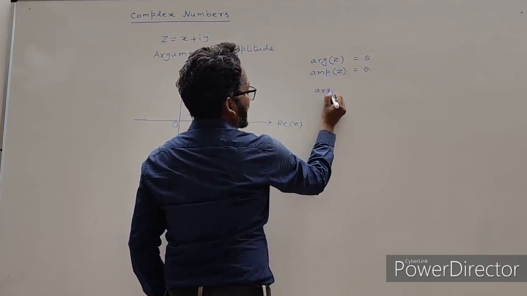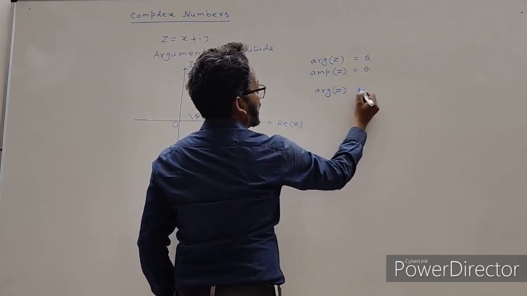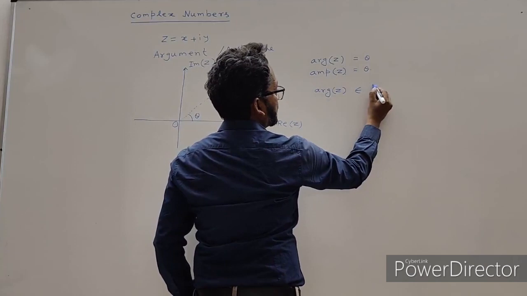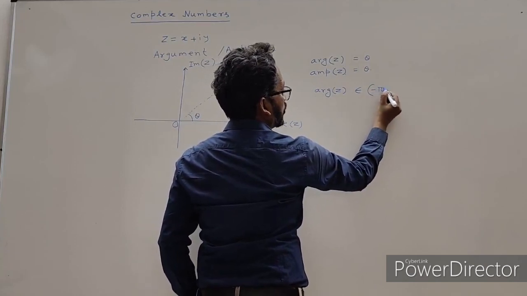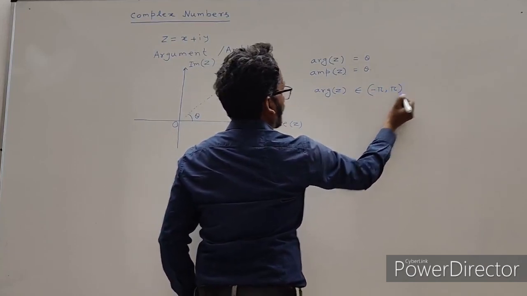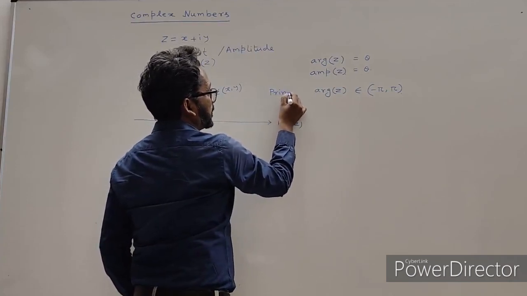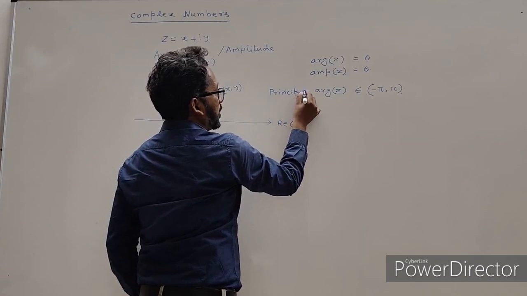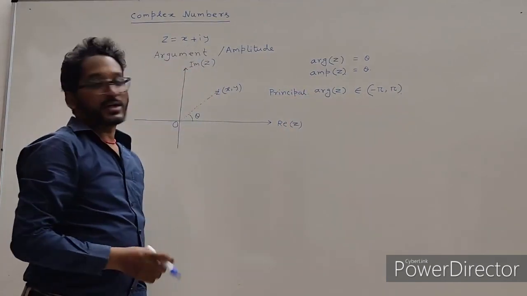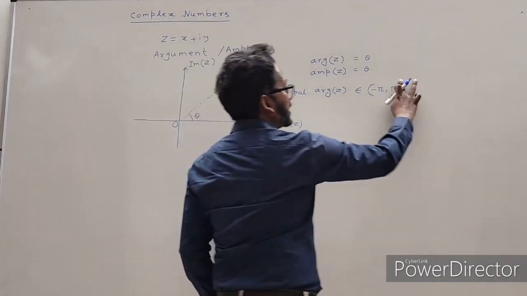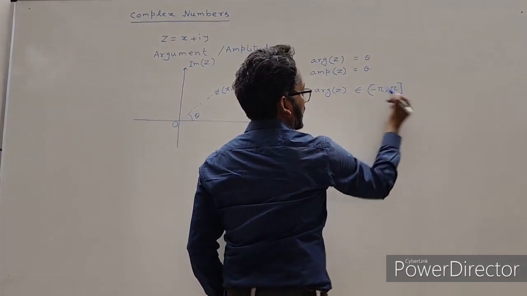Generally, the argument of z is calculated within minus pi to plus pi, and it is also known as the principal argument of a complex number. So the principal argument of z should lie between minus pi and plus pi.